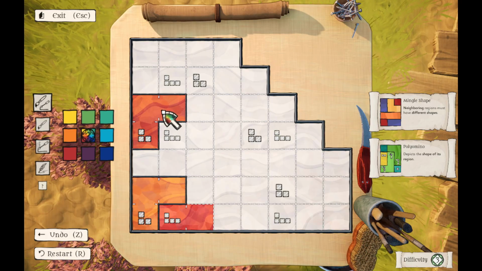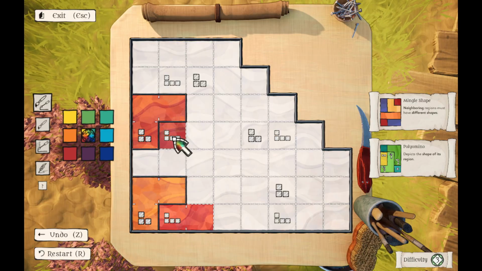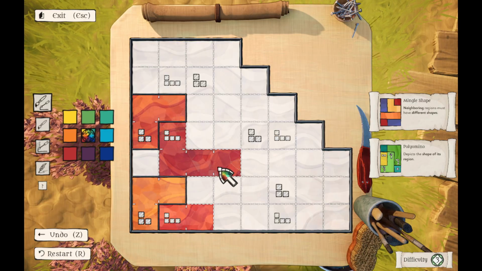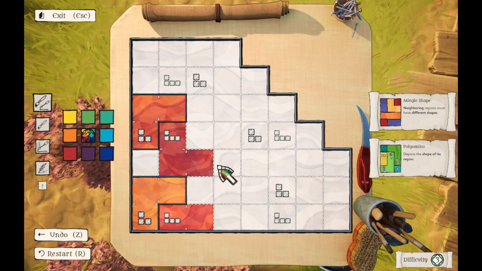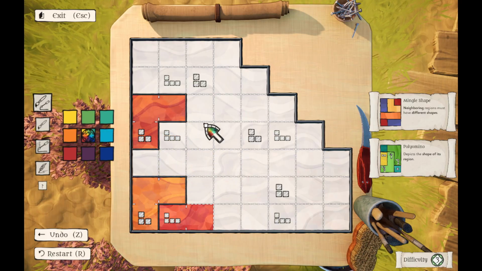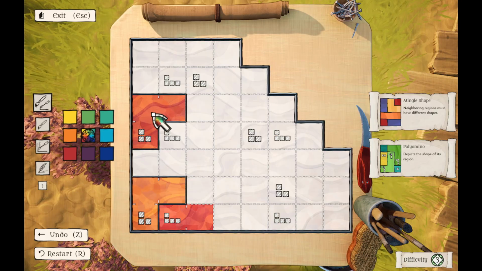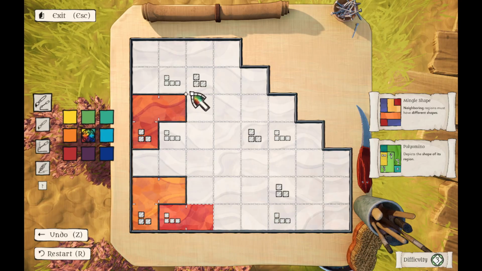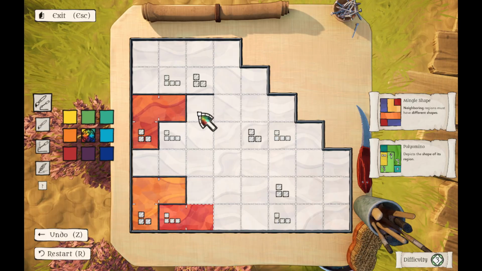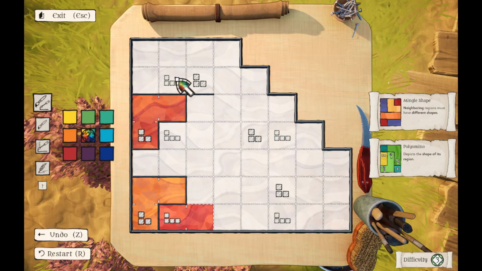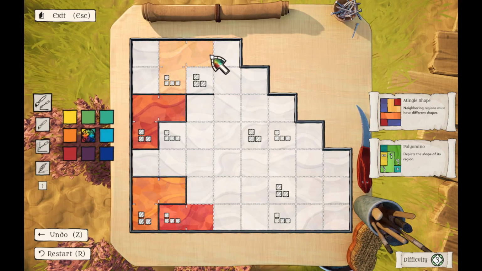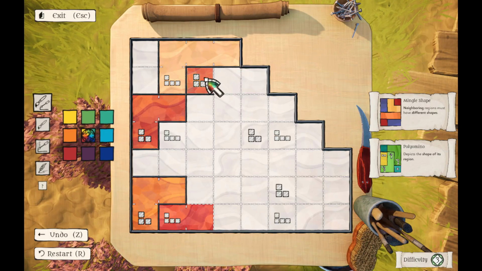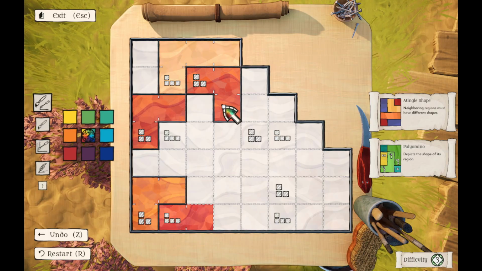Oh, I can leave empty spaces. So I can do something with this one, like that. It actually has to be that though. This can't come down that way. There's only one way now it can complete, which is that.